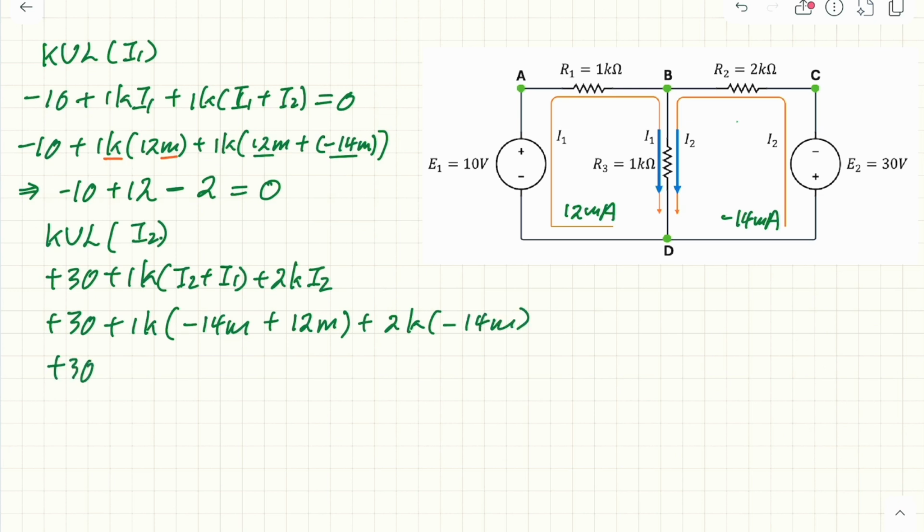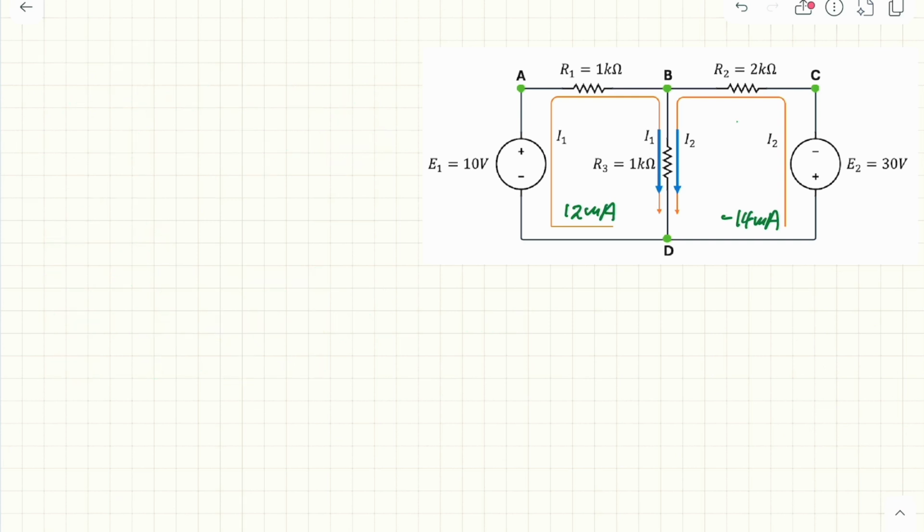This one is minus 14 plus 12, so we got minus 2, and then this is minus 2. Again, the K and M multiply become 1. This one becomes minus 28, and plus 30, equal to 0.